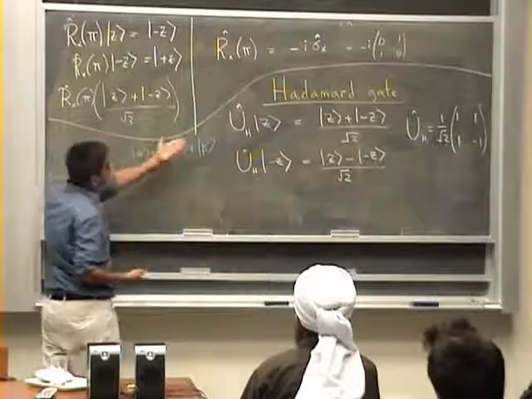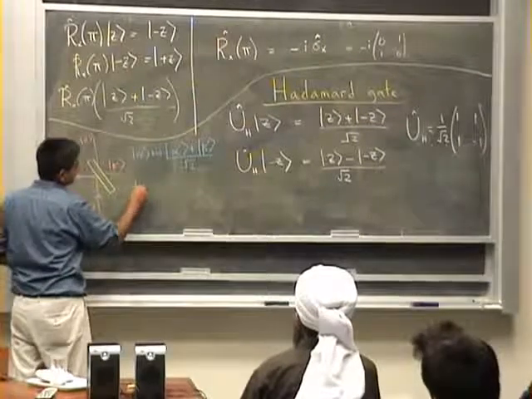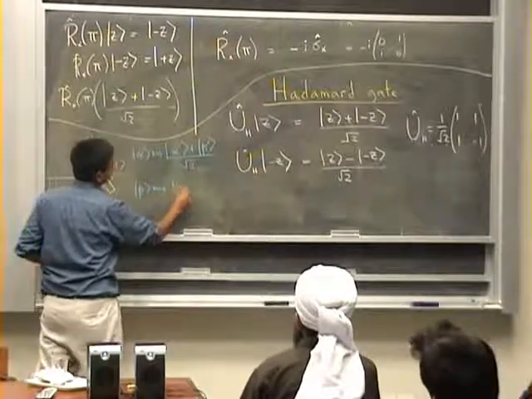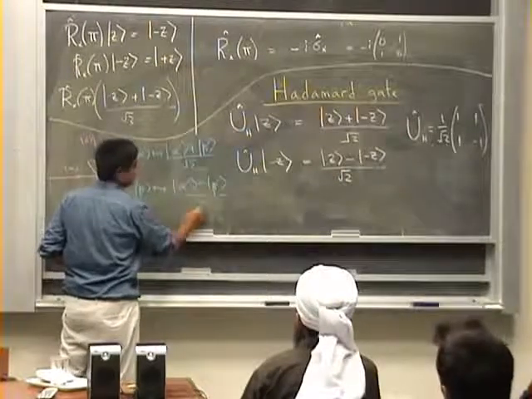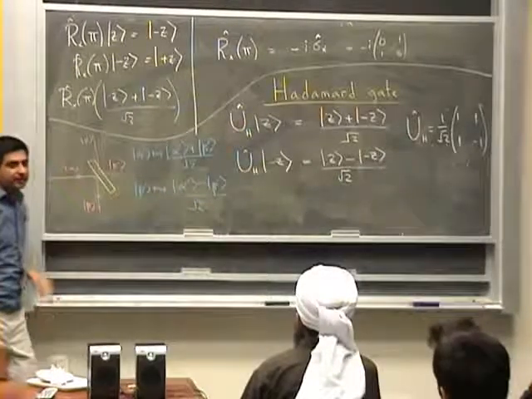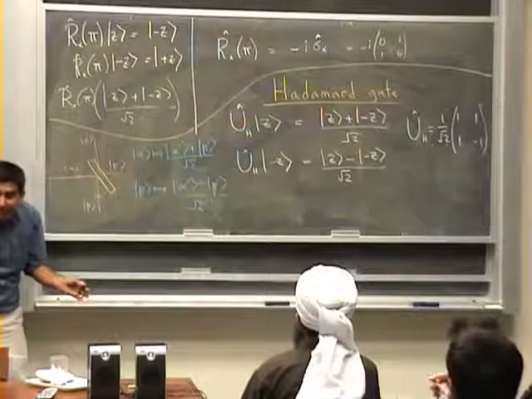I don't need to use these apostrophes, in fact, these are just labels. And if my input is beta, my output is going to be alpha dash minus beta dash over root 2. We've done homeworks and quizzes of this kind, right? So this beam splitter is a Hadamard gate.